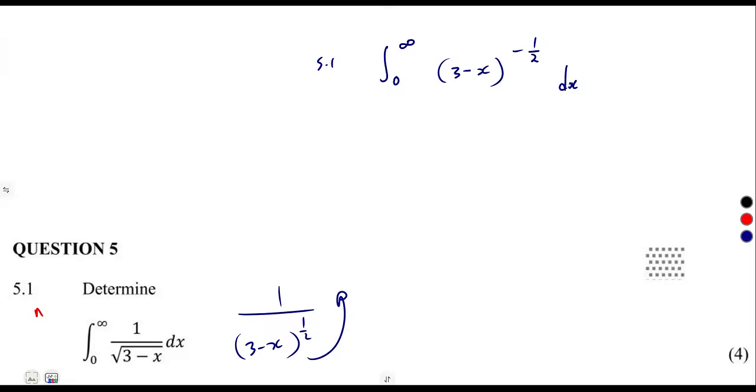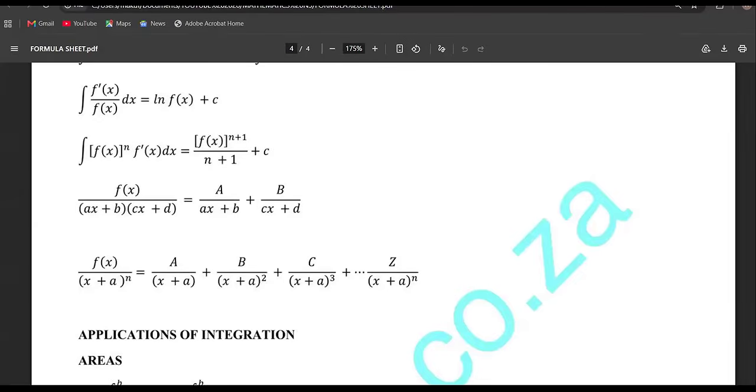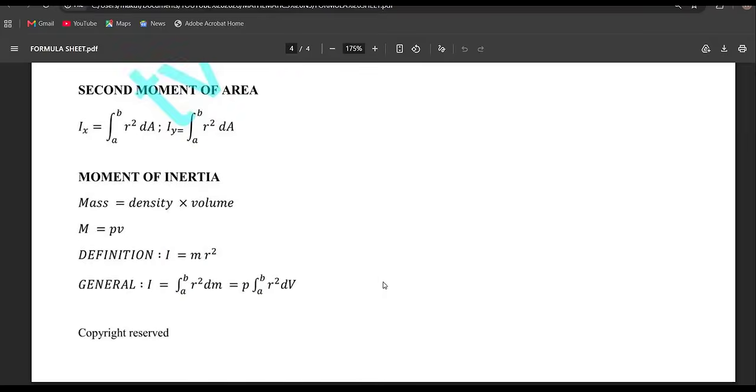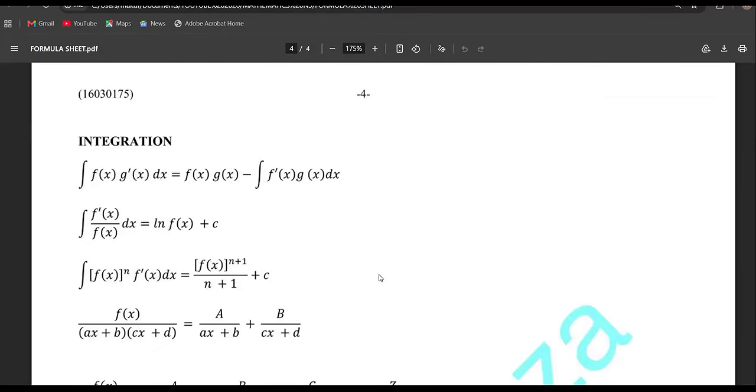Inspection, that is from our formula sheet. Remember, guys, I told you about these inspections as part of our derivatives. If we are given something of this nature as our answer, this is what we simply need from what we are given.